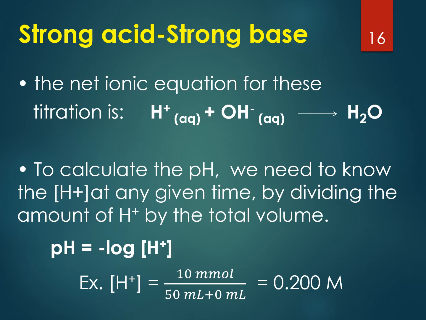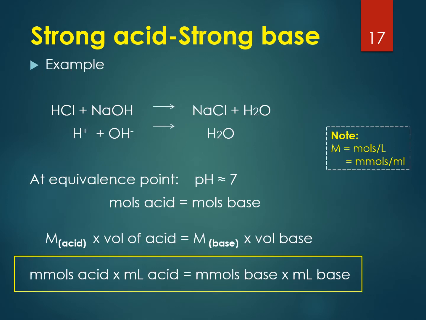So pH is equal to negative log of H plus. This is our complete and balanced equation, and this one is our net ionic equation. At the equivalence point, the pH here is 7.